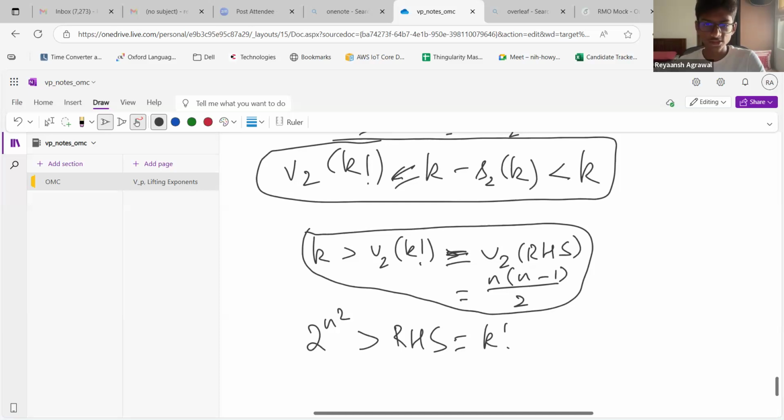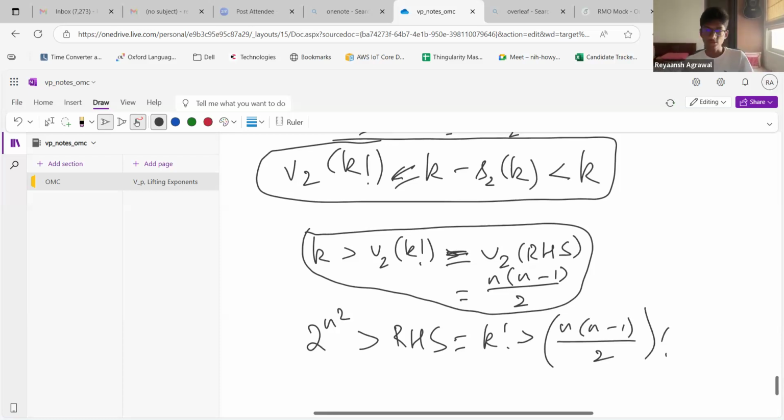Just think about it. k is greater than n into n minus 1 by 2. So k factorial is greater than n into n minus 1 by 2 factorial. Yes, that's it.